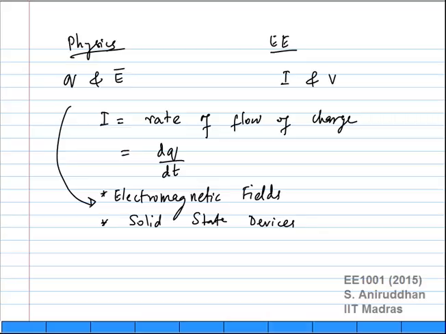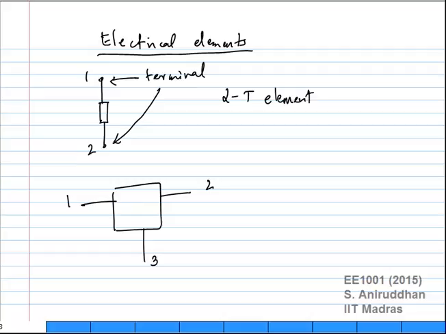Now, in the case of physics, as I pointed out, we work with charge and electric field. Here, the corresponding quantities will be current, which is the rate of flow of charge, dq by dt, and the voltage. And we have already seen how the voltage is related to the electric field.